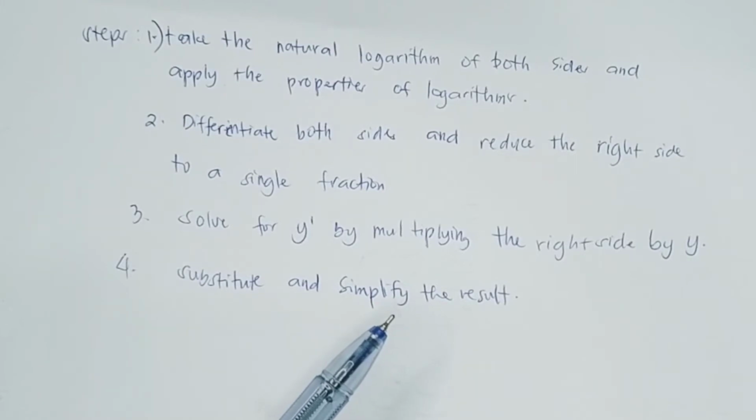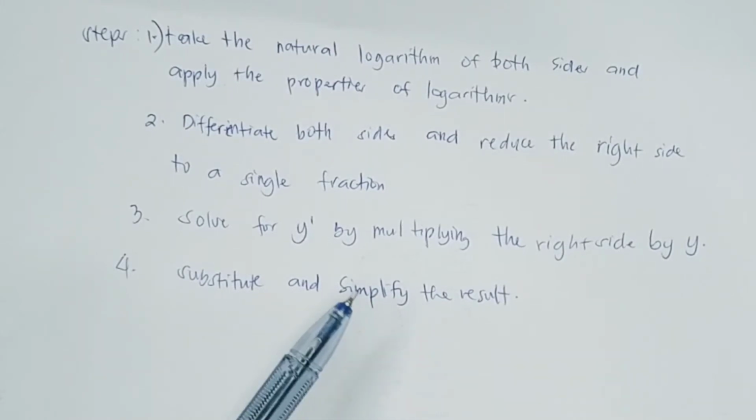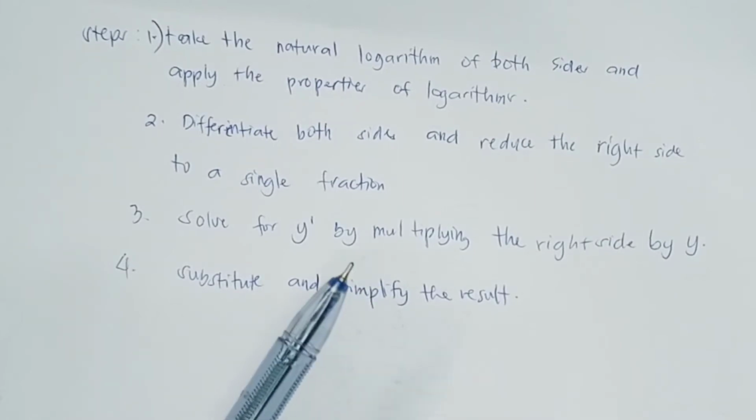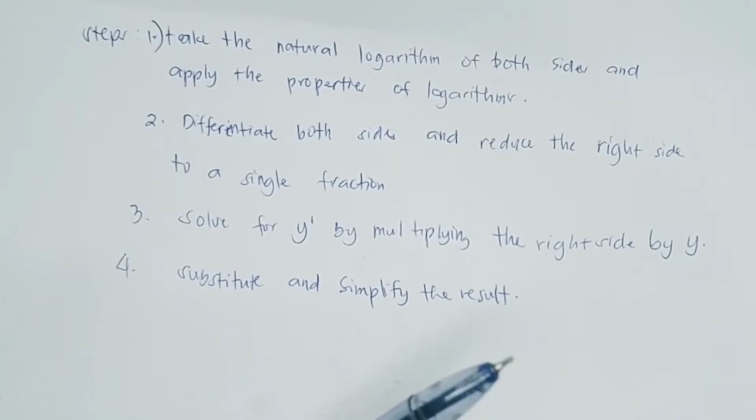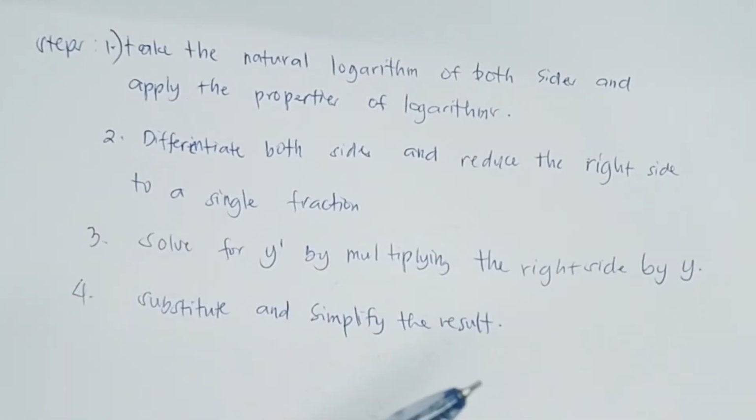First, we need to find the natural log of the equation. We need to take the natural log of both sides of the equation and apply the properties of logarithms. After doing that, we need to differentiate both sides to reduce and make a fraction out of it.